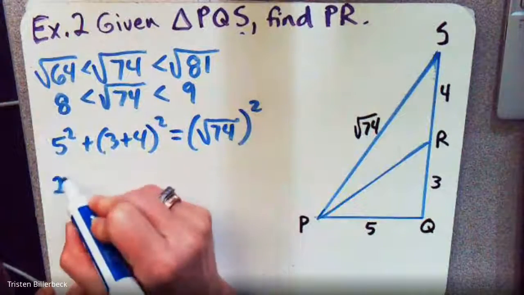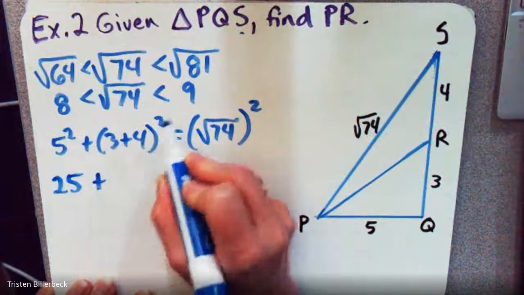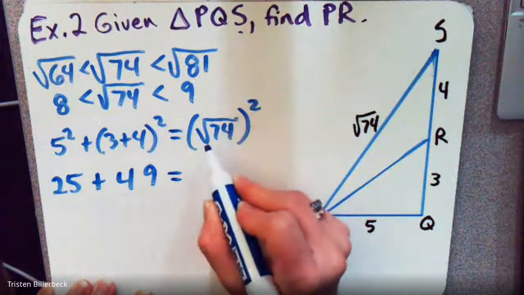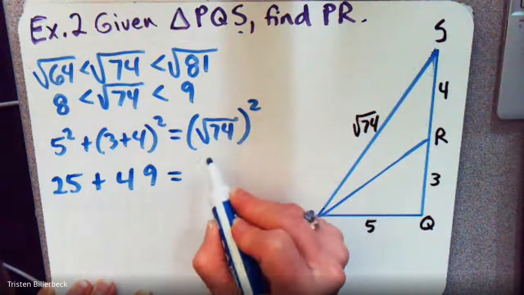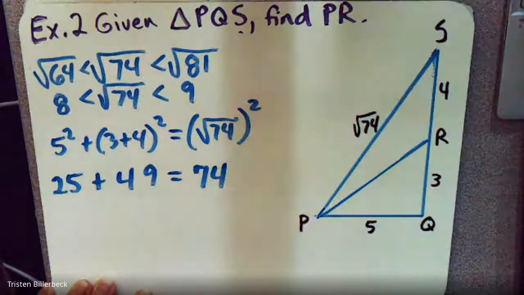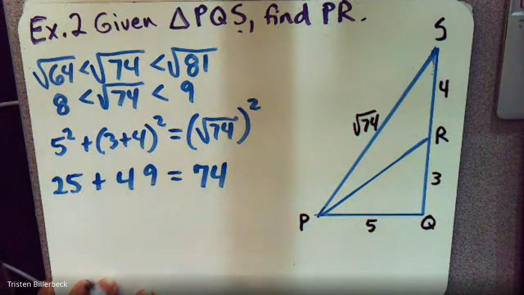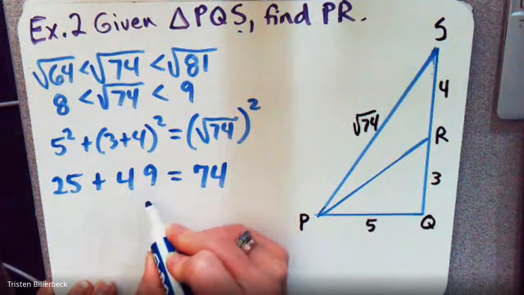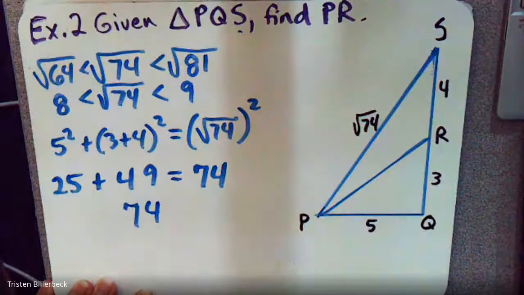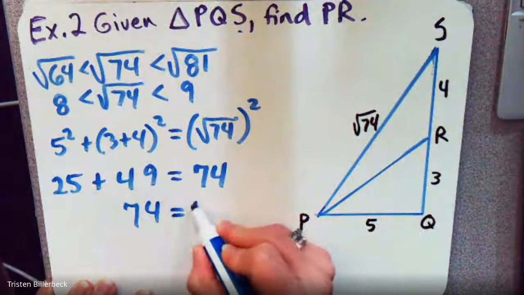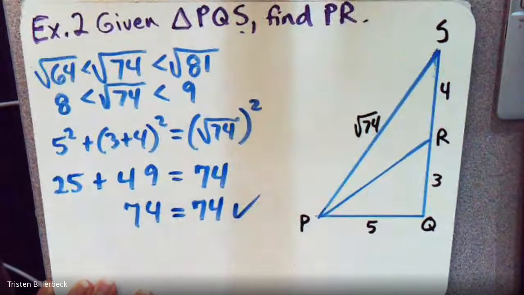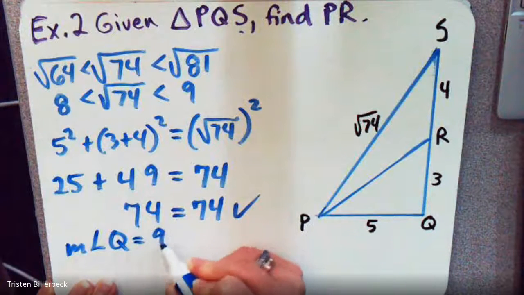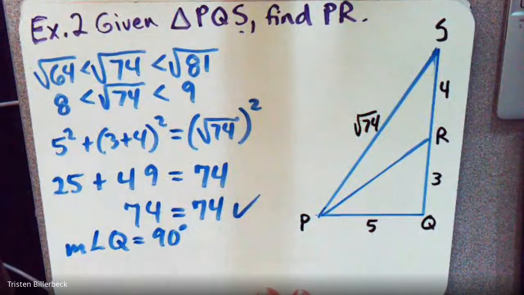So 5 squared is 25, and 7 squared is 49, equals, and the square of a square root is just what's inside the square root, so that's just 74. So now we add this together and we see, oh, well, that is 74. So there we have it. 74 equals 74. So now we know that the measure of angle Q equals 90 degrees. So we have a right triangle.